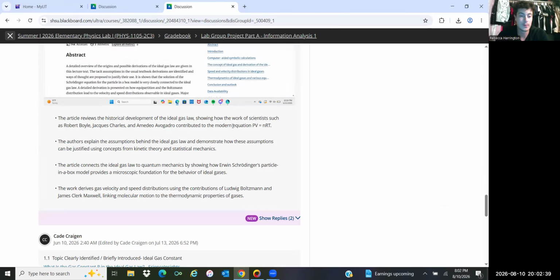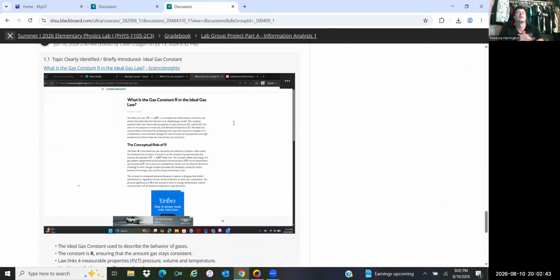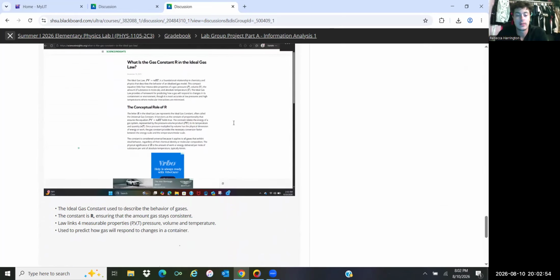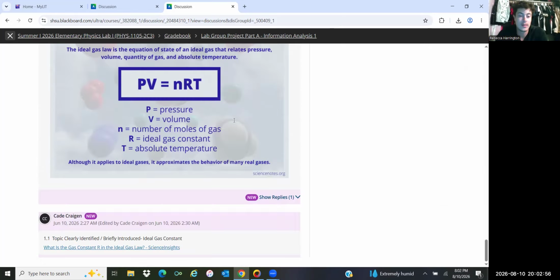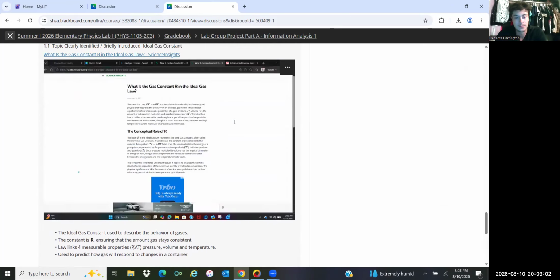Go to Cade. Cade did a really good job with this too. His topic was to clearly identify and briefly introduce ideal gas constants. He had the exact same layout as Josh, so he did a really good job with that too.